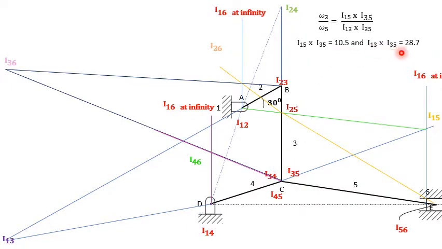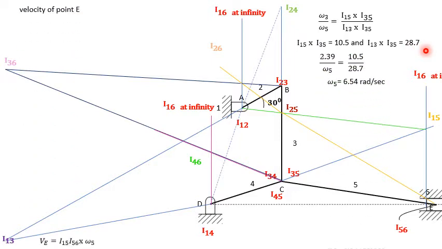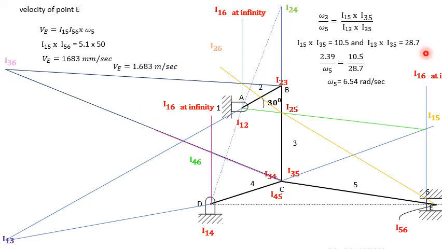Next, I13 and I35. This is I13 and this is I35. Measure the length of this line, from point C to I13, that is 28.7, and find omega 5. Then by substituting that omega 5 in the linear equation of velocity, we got the velocity of the slider E as 1.683 meter per second.